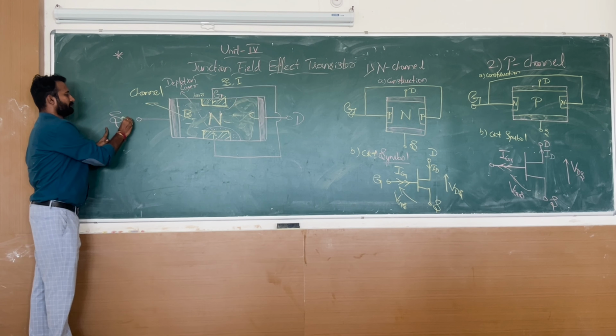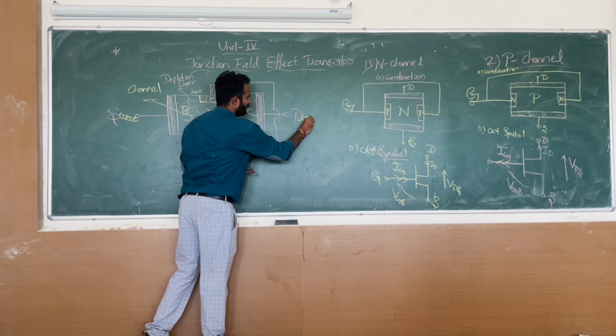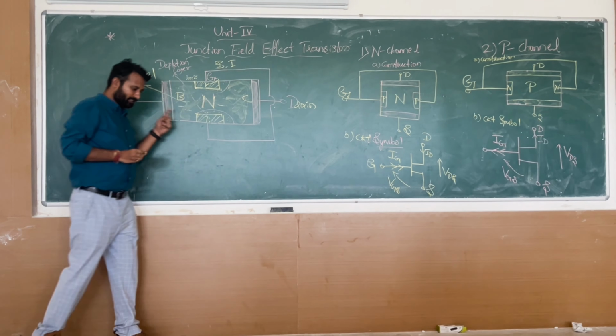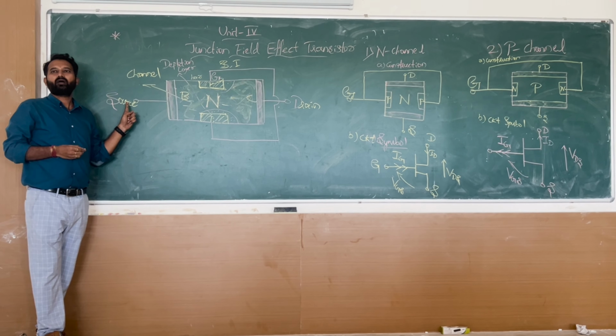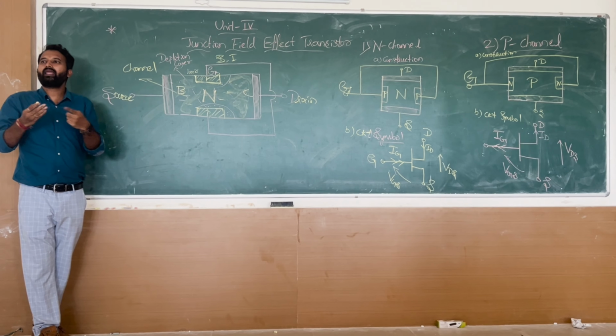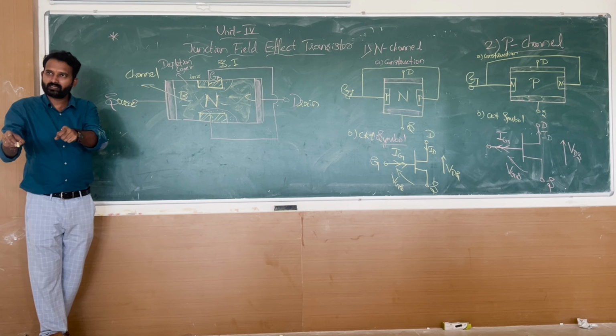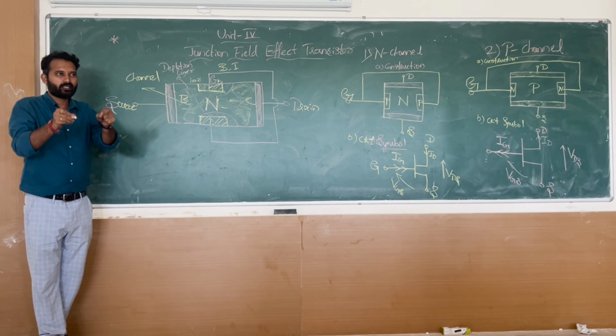This is called source and this is called drain. These are the terminal electrodes, the contacts, where you can apply a potential.